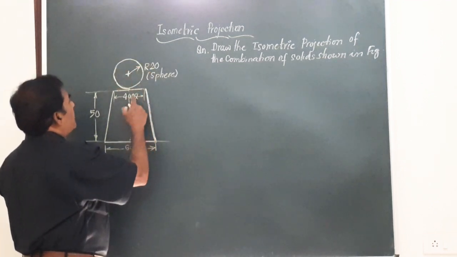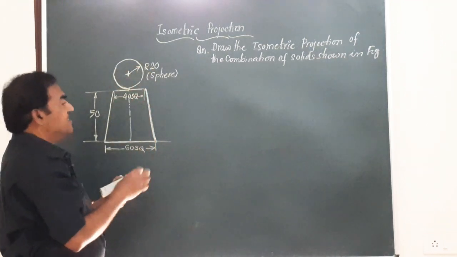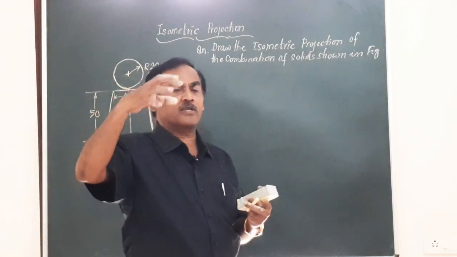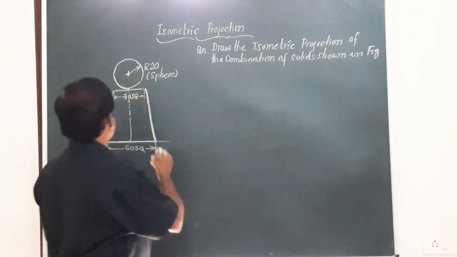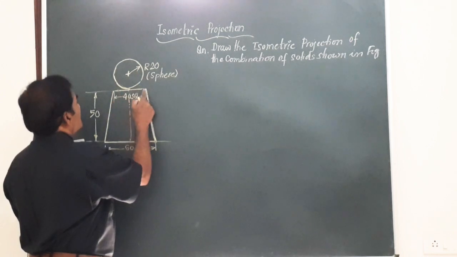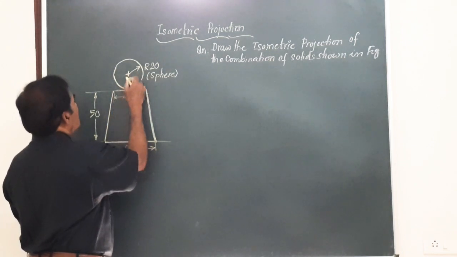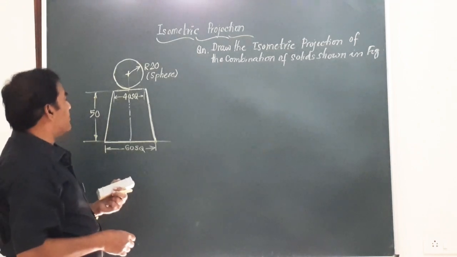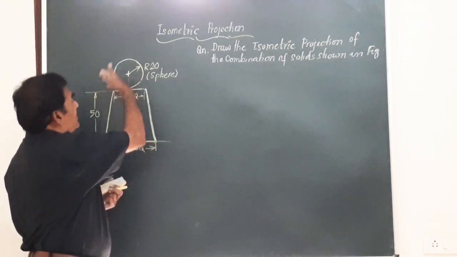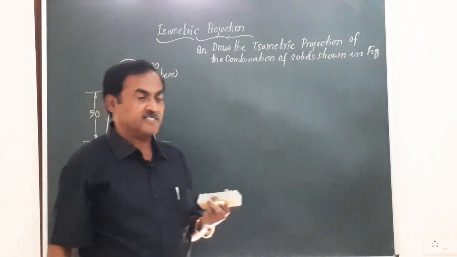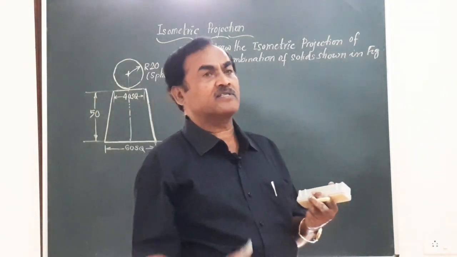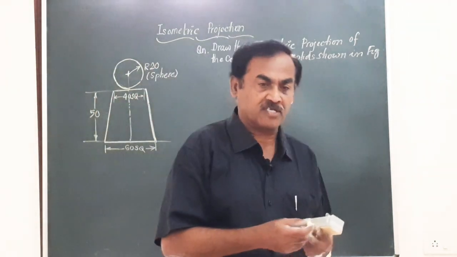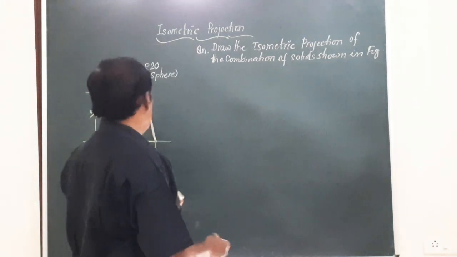On top of this 40 millimeter square, there is a sphere, a round ball placed exactly in the center of this face, 20 mm from the edge. Now, we are required to draw the isometric projection of the combination of solids. That is how the figure looks when the sphere is placed on the frustum of a square pyramid.